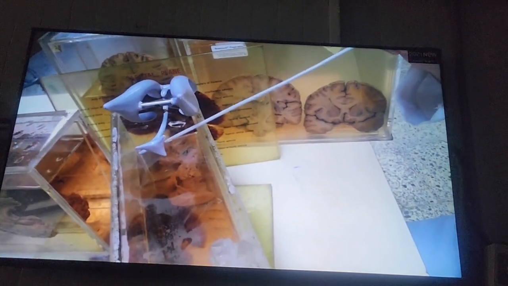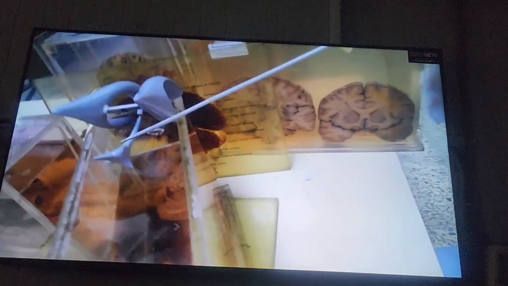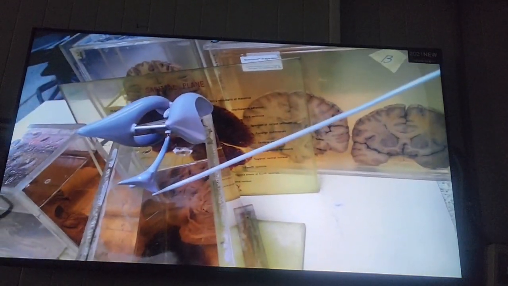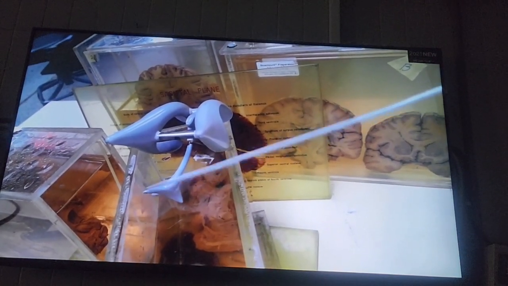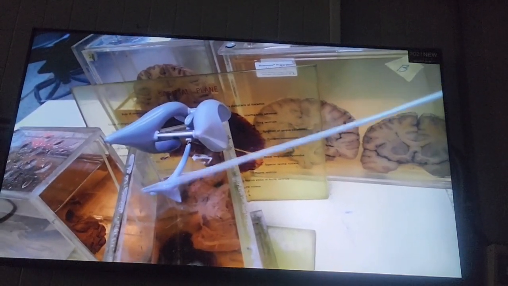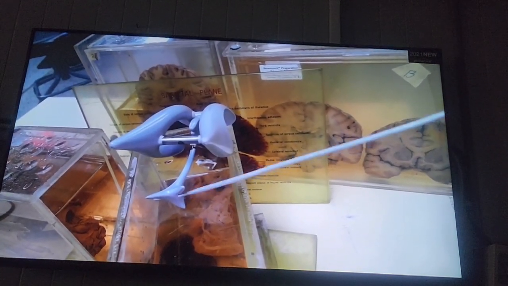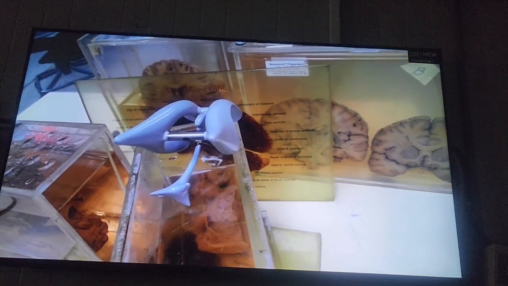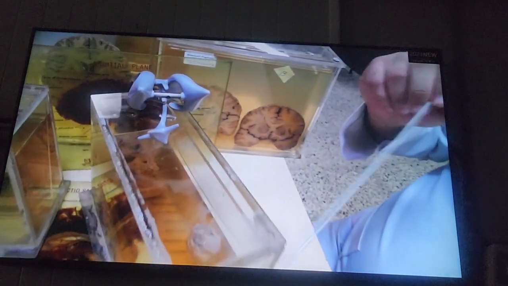But to pass to the subarachnoid space it goes through three foramina, one in the midline and two lateral. This one is the foramen of Magendie in the midline, and these are the foramina of Luschka, two laterally placed foramina, allowing the passage of the CSF from the fourth ventricle to the subarachnoid space. So we talk about these points.